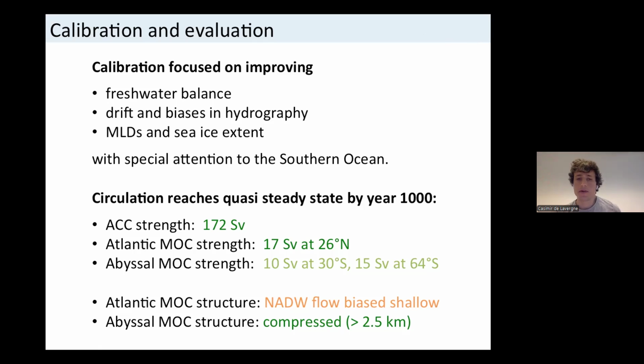It turns out that the ocean state is not very sensitive to the tidal mixing scheme, so I could have done the calibration based on the old mixing scheme. It would have been fairly similar. But it's true that this is a classical bias of papers: you tune your model based on your most recent parameterization.